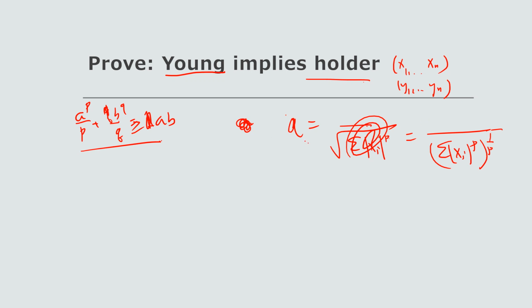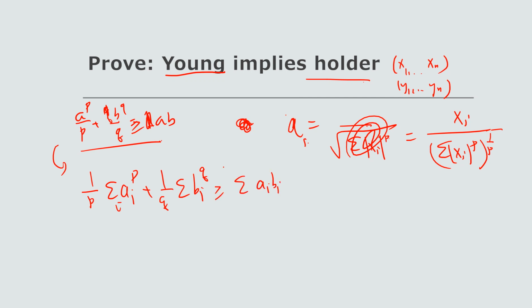So I can generalize this into the summation of ai to the p over p plus the summation of bi to the q over q larger than the summation of ai bi. I take the pair, and I let ai be this, and bi is yi divided by the summation of yi to the power q, to the 1 over q. Maybe I take the absolute value here, and I put it in.